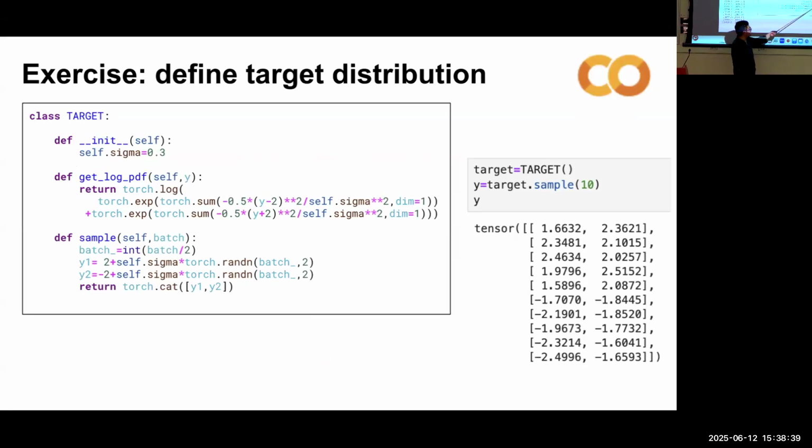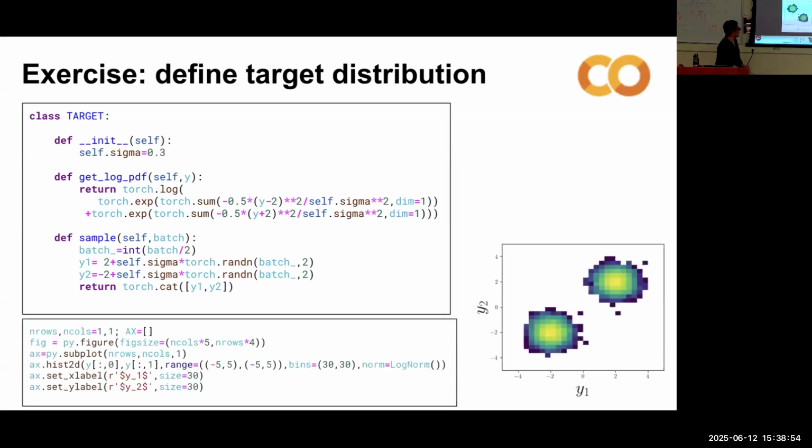Here is the sample code that you can use, and you can instantiate this target class. If you evaluate, you can see a bunch of numbers here. This corresponds to the first peak, and this corresponds to the second peak.